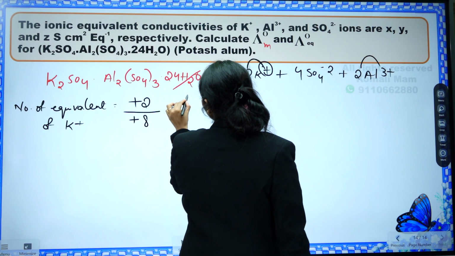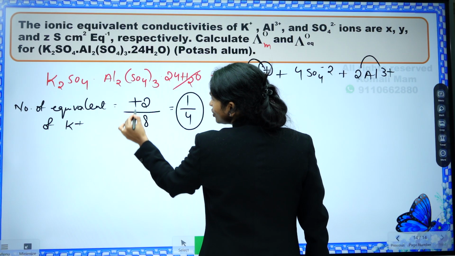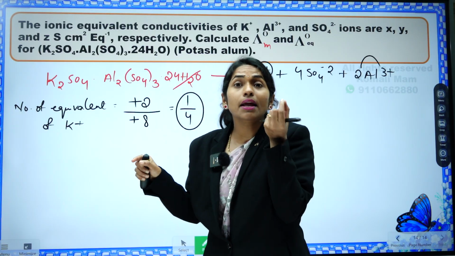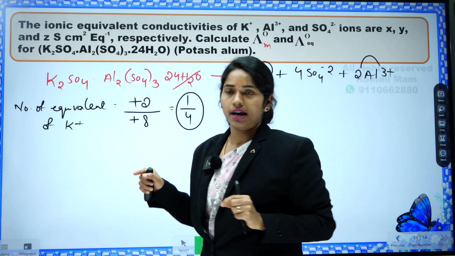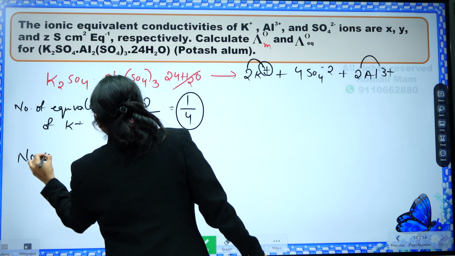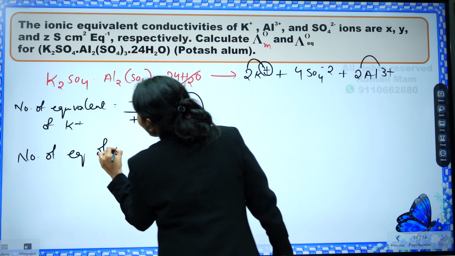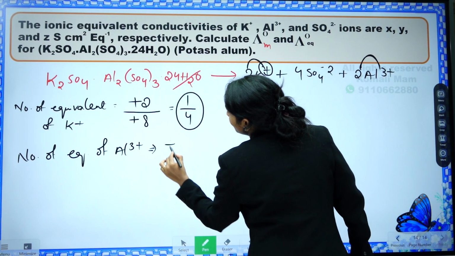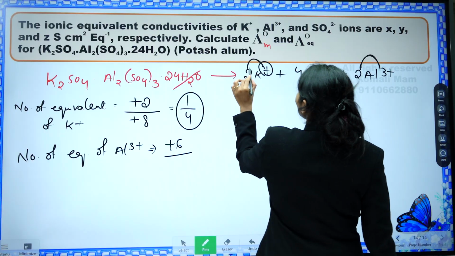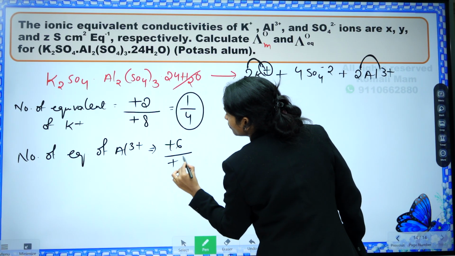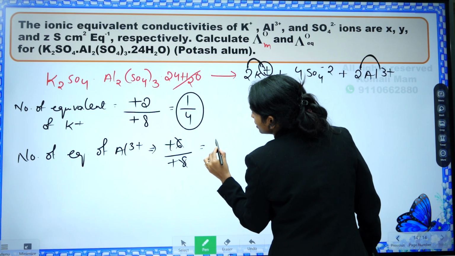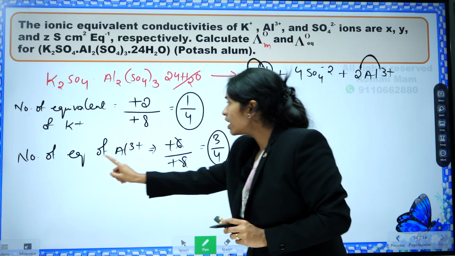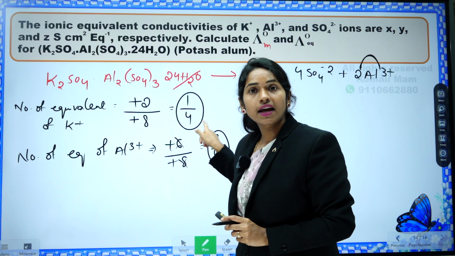So 2 by 8 is 1 by 4. Instead of plus you can also solve directly. 1 by 4 is the number of equivalents of potassium ions. Next, number of equivalents of Al3+ ions. What is the total charge on this Al3+? 2 into plus 3 is plus 6. Total charge on the cations is plus 2 plus 6, plus 8. Then it will be 3 by 4. So the number of equivalents of potassium ion is 1 by 4. The number of equivalents of aluminium 3+ ion is 3 by 4.